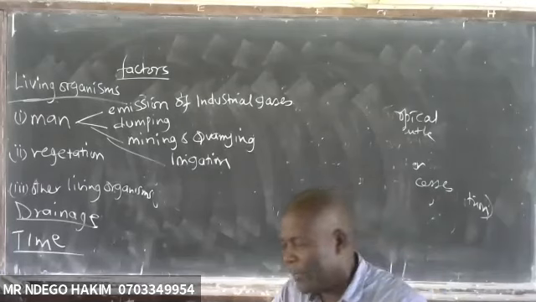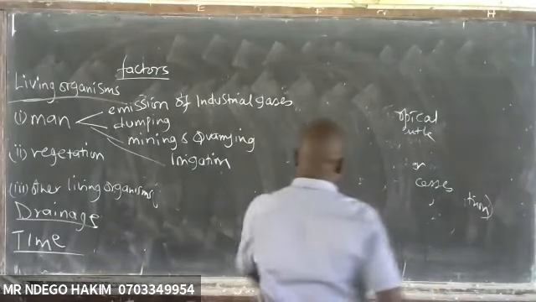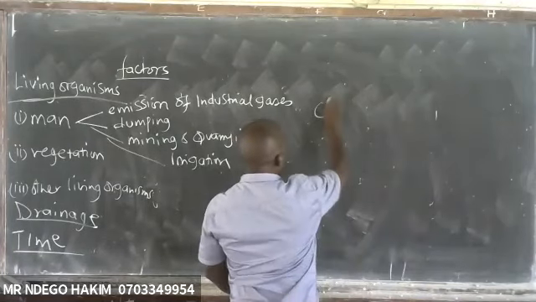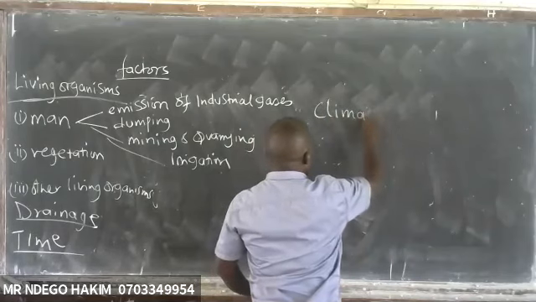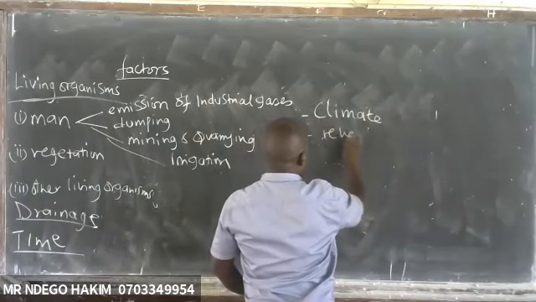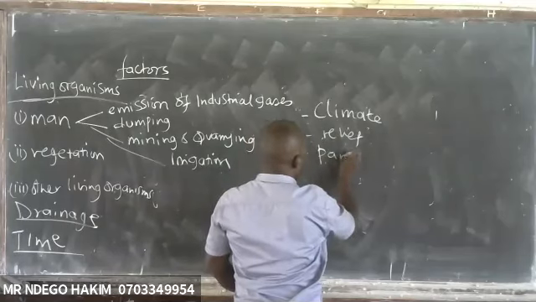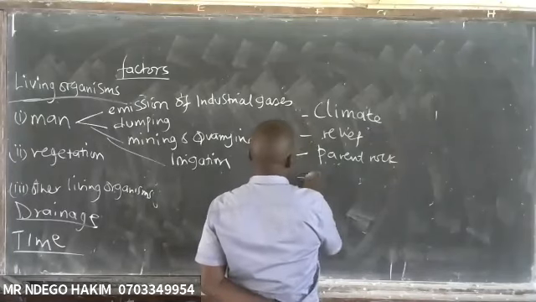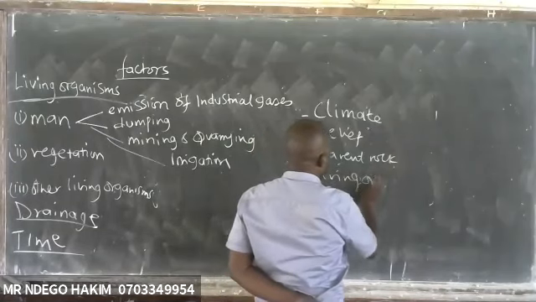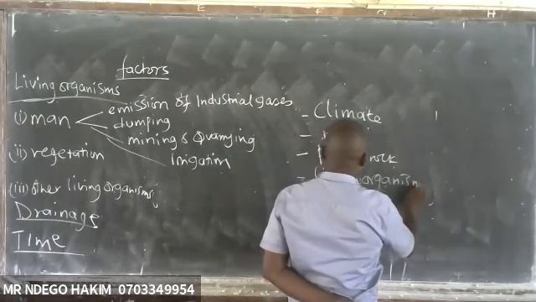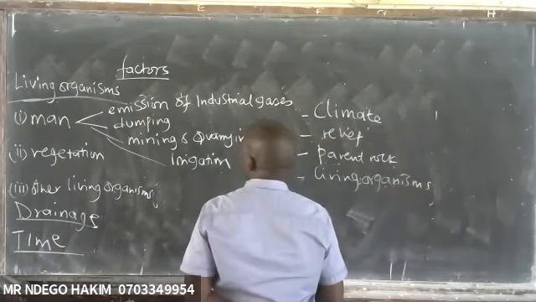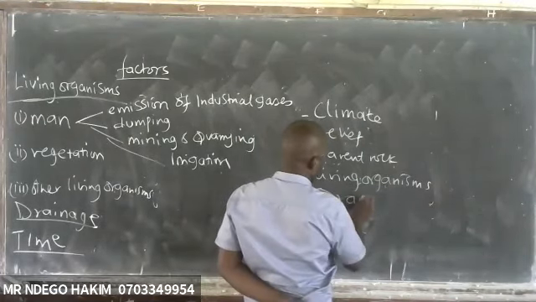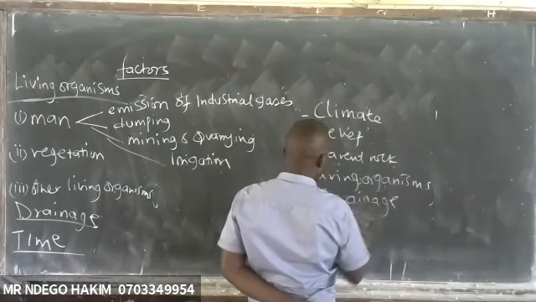In summary, chemical weathering is dominant in tropical humid areas because of climate, relief, parent rock, living organisms, and look at living organisms: man, vegetation, animals, drainage, time.